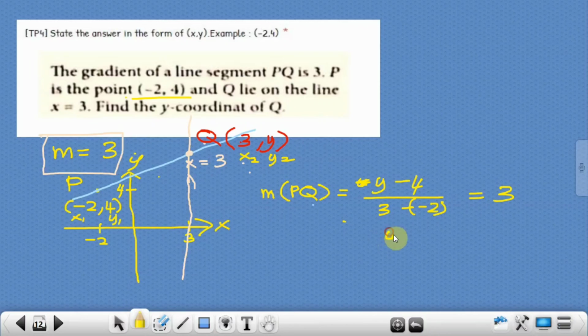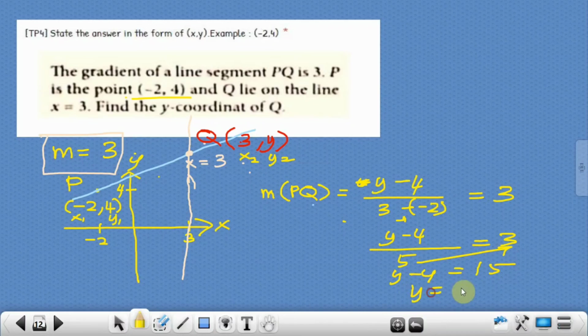Let's solve this. 3 minus -2, negative multiplied with negative becomes positive, so 3 plus 2 is 5. So y minus 4 is 5 times 3, which is 15.